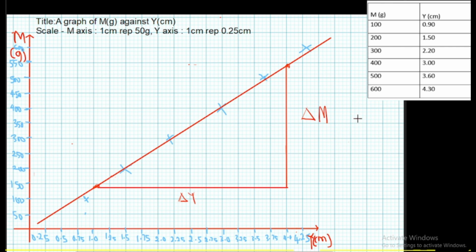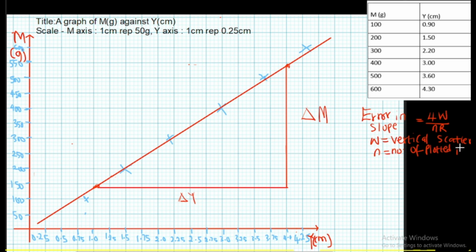Now, error in slope has a formula, and mathematically we have that error in slope equals 4w over nr, where w is known as the vertical scatter and n is known as the number of plotted points, and then r is our horizontal range.